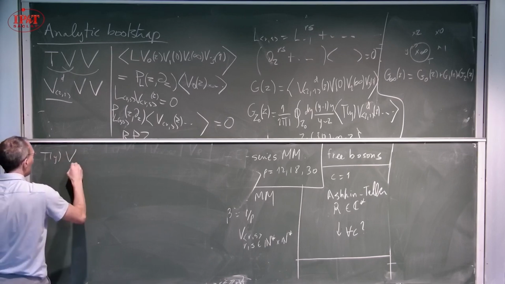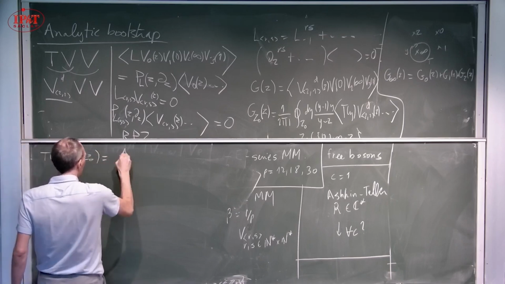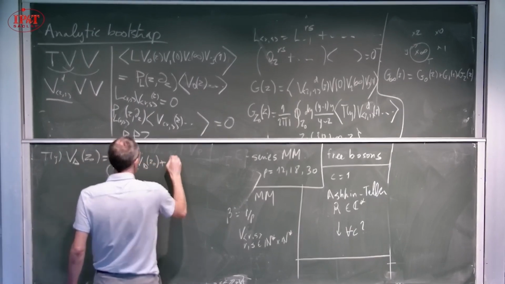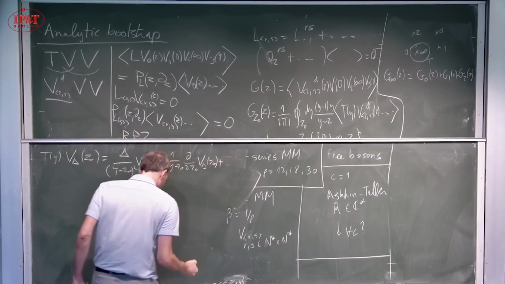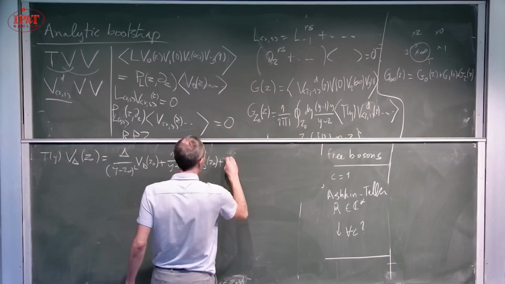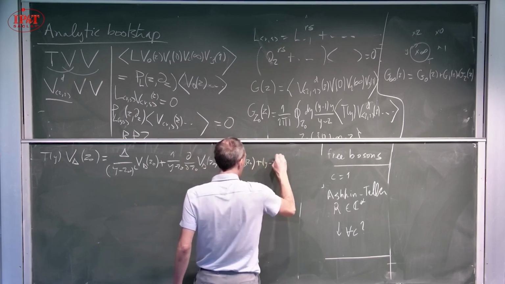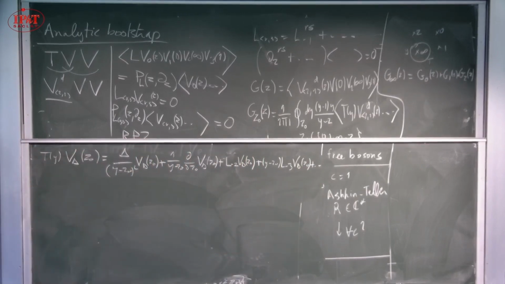So T of y, V with some dimension delta at z0, equals delta over (y minus z0) squared V_delta, plus 1 over y minus z0 times d by dz0 of V_delta, plus something finite, but here we need to know the first finite term, which is just L minus 2 V delta of z0, and then I could go on, (y minus z0) and L minus 3, etc. So that was pretty much the definition of the energy momentum tensor and of a primary field.